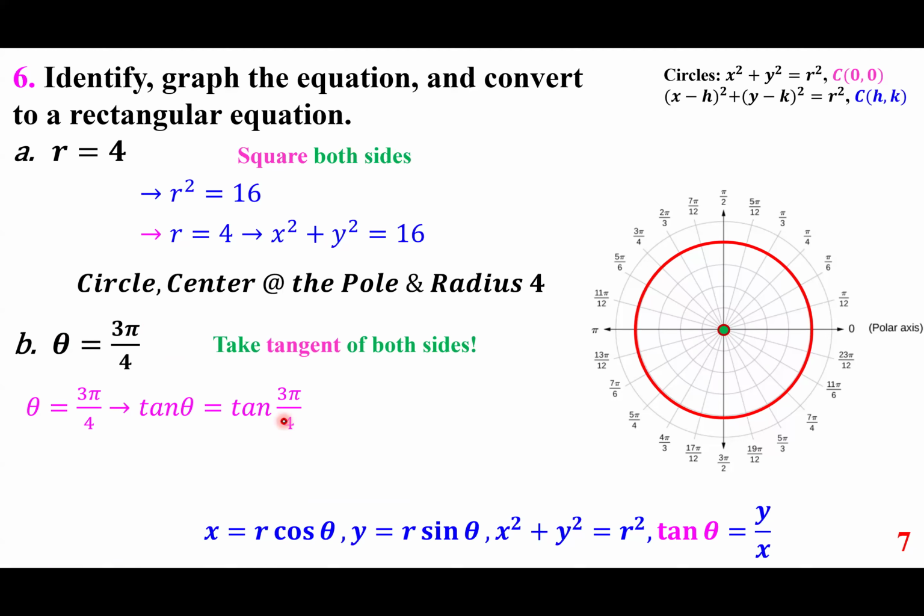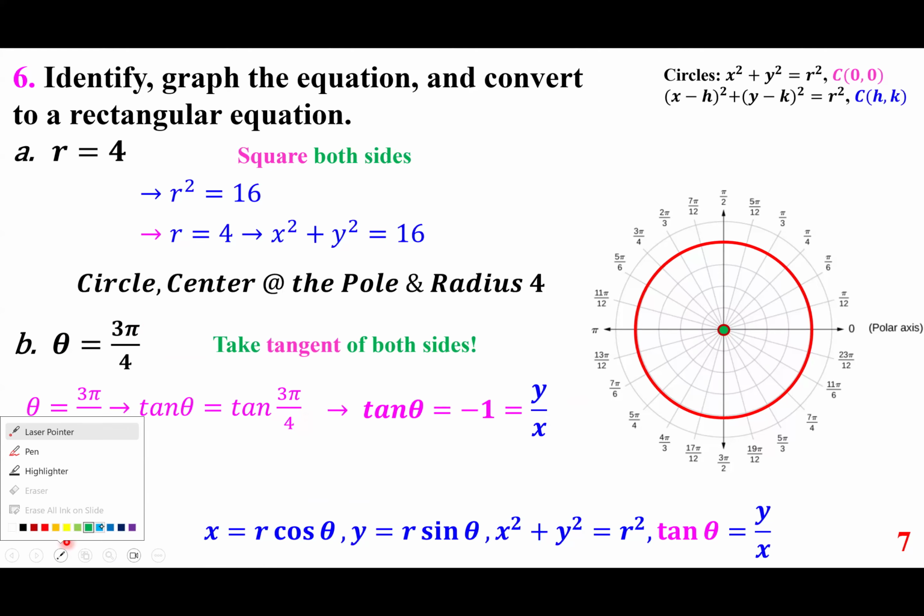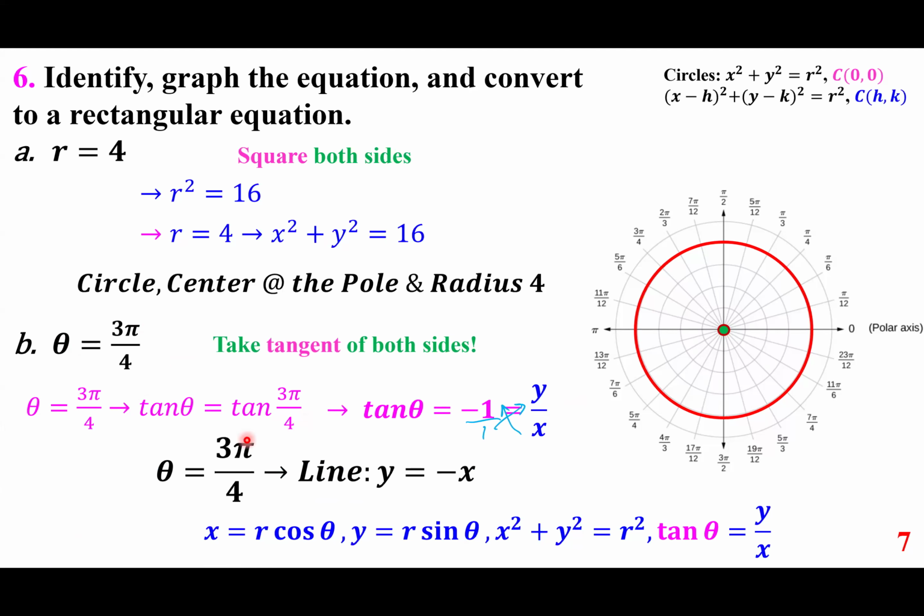And tan of pi over 4 is positive 1. 3 pi over 4 is negative 1. So if negative 1 is y over x, y is minus x. So when theta is 3 pi over 4, the line is y equals minus x. I hope you remember y equals x is this way, y equals minus x is that way. And there you have it, and you're done.